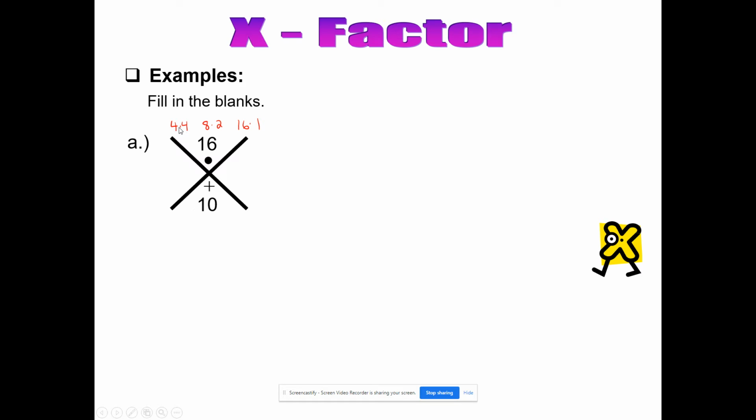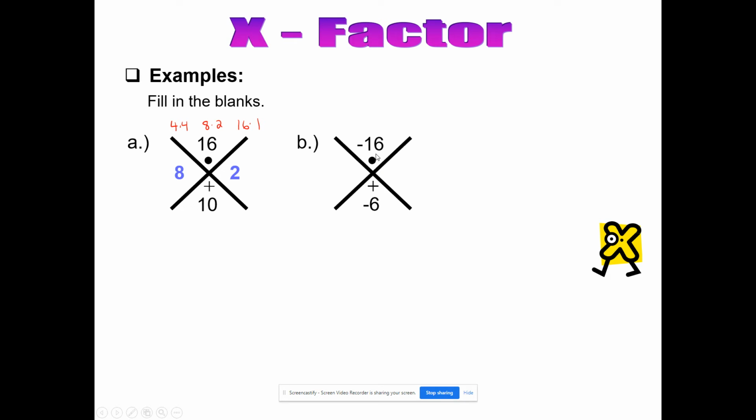Well, 4 and 4 make 8. If I subtract, I get 0. 8 plus 2. Oh, 8 plus 2 is 10. So there it is, 8 and 2. Now, it doesn't matter which side these are on. This could be 2 and this could be 8. It just matters that you have those 2 numbers written on the sides. It doesn't matter which order, okay? So don't worry about that.